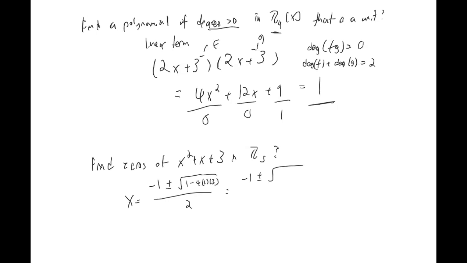So here, this is -11, or at least I think it is. 1 minus 12, okay, yeah. Normally, the square root of -11 has no solution. But what is -11 in Z mod 5Z, in terms of the numbers 0, 1, 2, 3, 4?